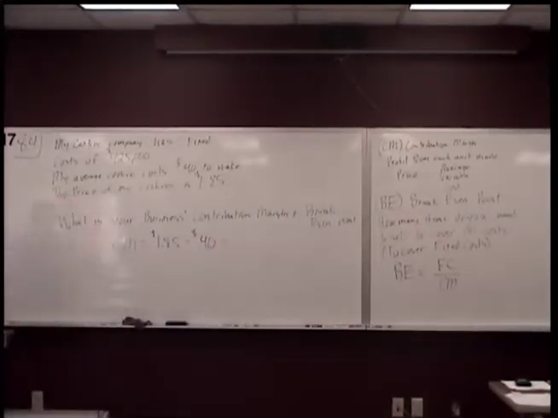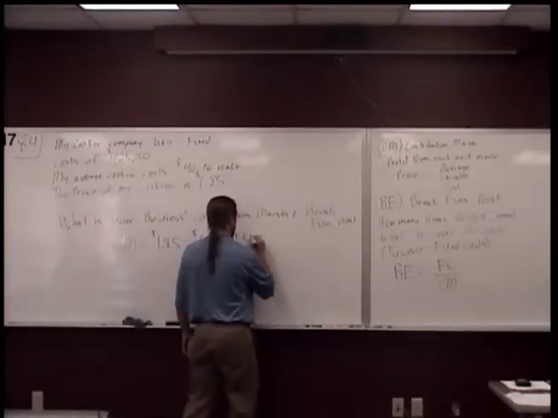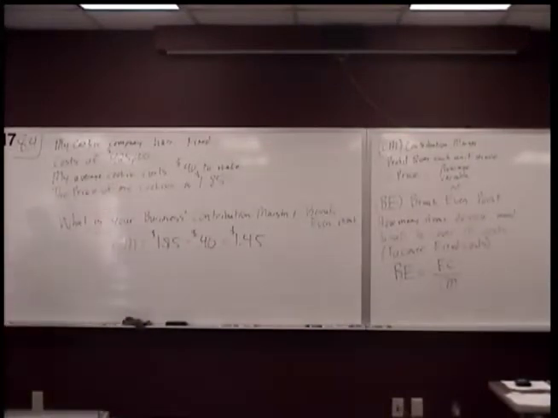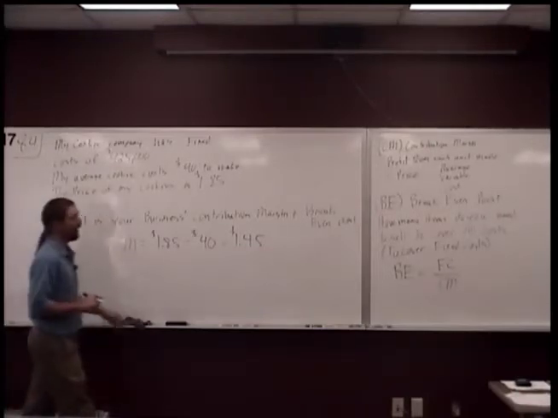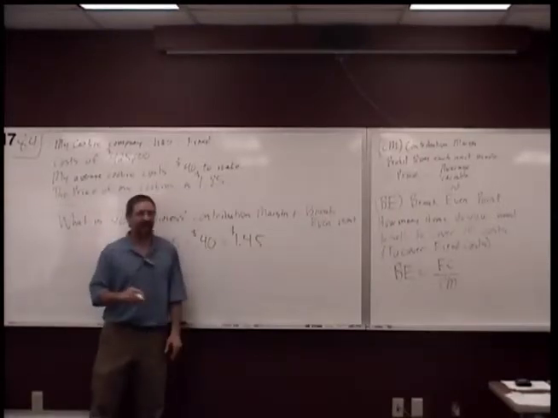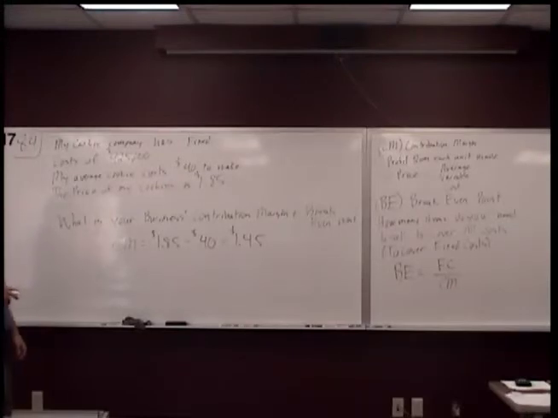Subtract those two, that's your contribution margin. And again, a business-savvy person would look at this and say, ooh, all I have to do is spend 40 cents to make $1.45. That makes general business people salivate. A more than 100% return is always a bonus.